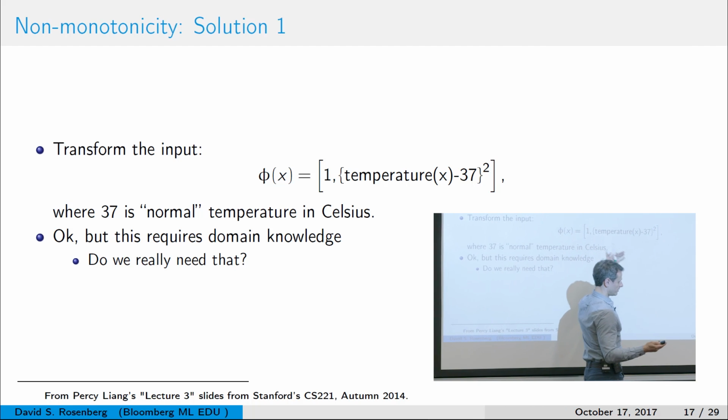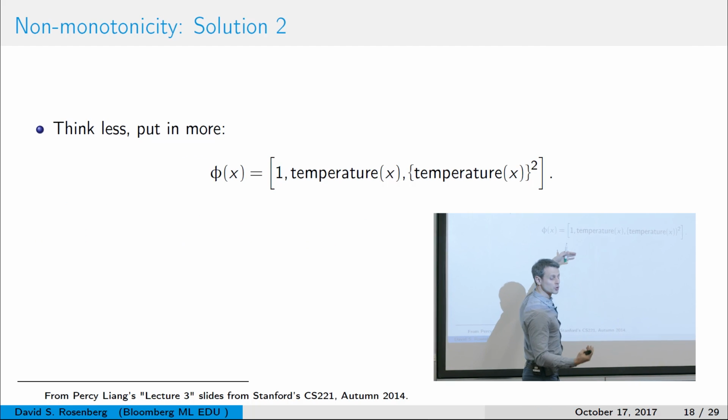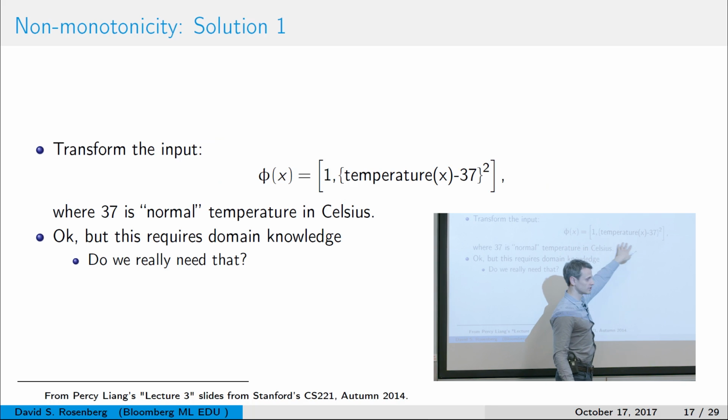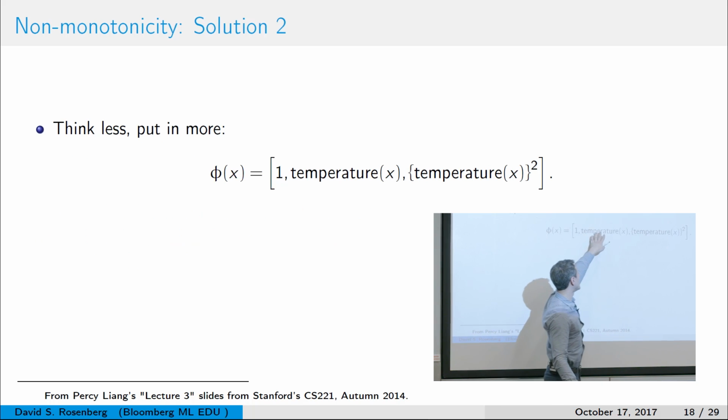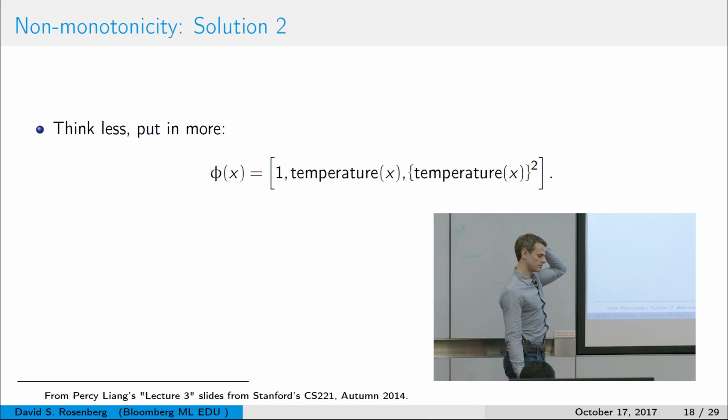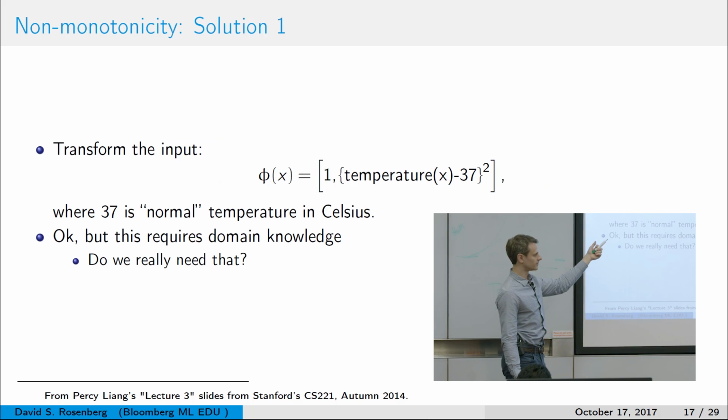And so you can more generically just put in an extra monomial, in this case an extra transformation of temperature, such that now with a linear combination of these three features, we could, if we wanted to, reproduce this feature. You could expand temperature minus 37 squared, and we're only going to have linear combinations of these terms. And so in some sense, the span of these feature vectors, what you can come up with by linear combinations, contains this hand-engineered feature.